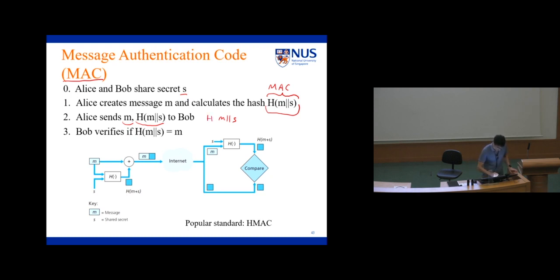And he takes the hash of this thing. Hash functions are public. Bob can do that too. And then he sees if this is equal to the MAC Alice sent him. And if that is equal, that means the message must have come from Alice because she's the only one who knows that shared secret key, other than Bob himself, of course.